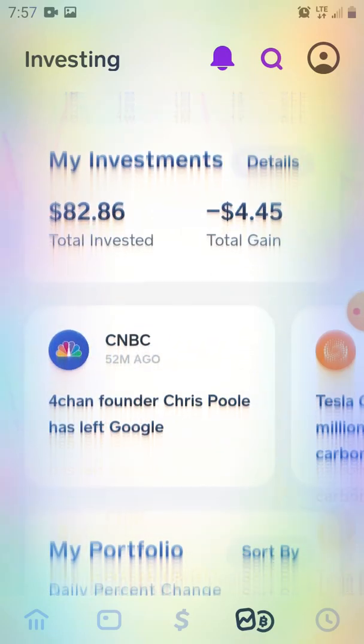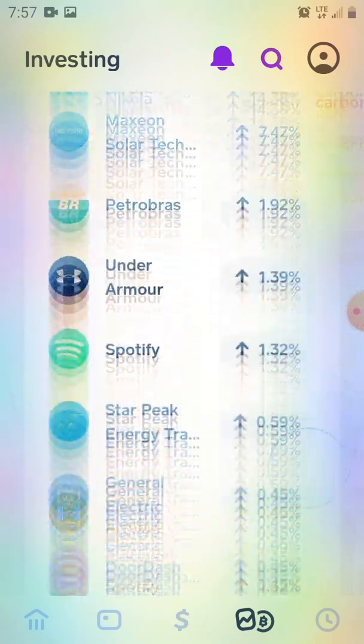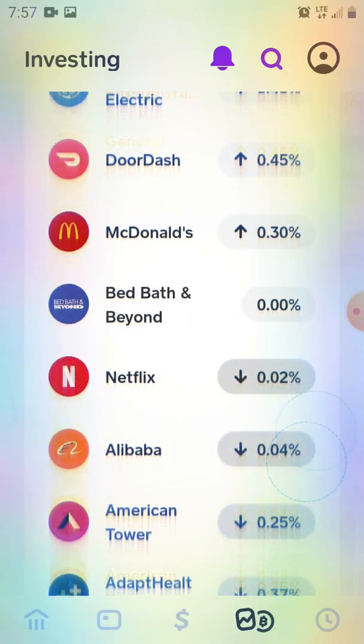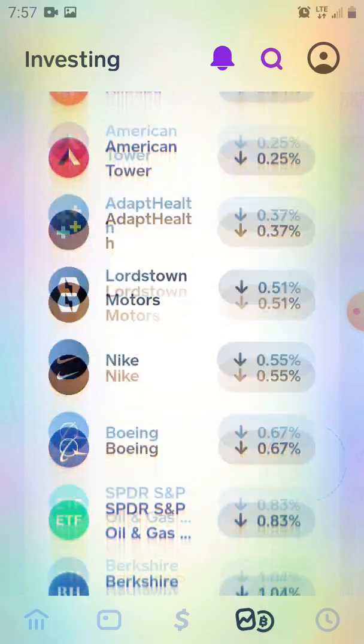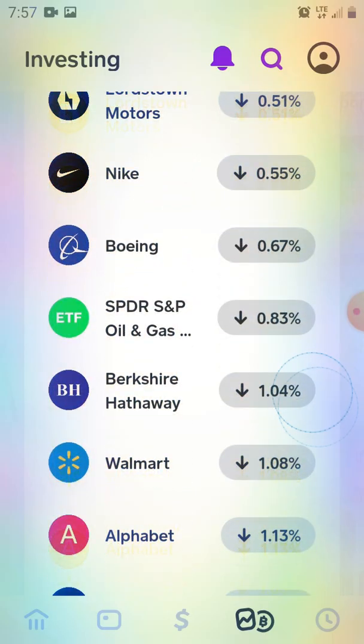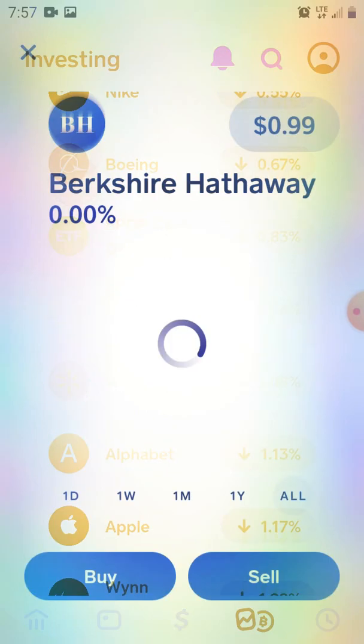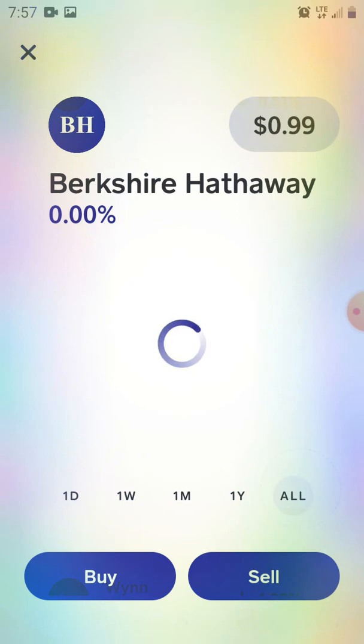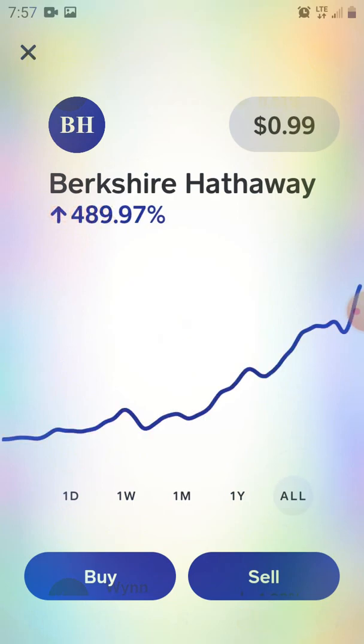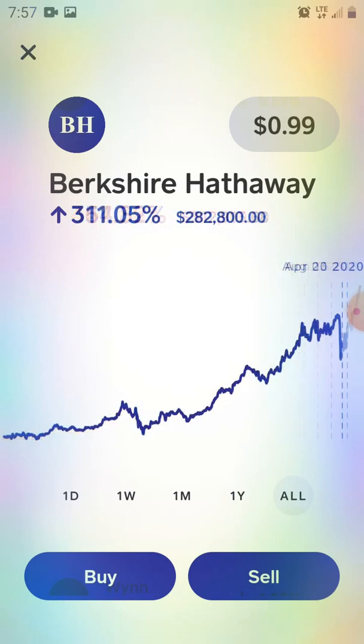Really, the key to this stuff is figuring out what stocks you prefer, what works for you. If you think about Berkshire Hathaway, for instance, this company has some substantial growth. If we look at their growth charts for a year, they have some massive gains.